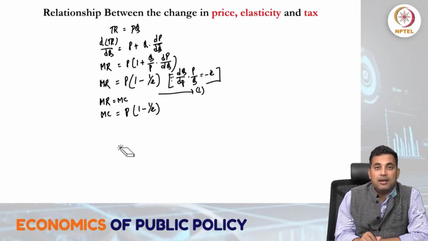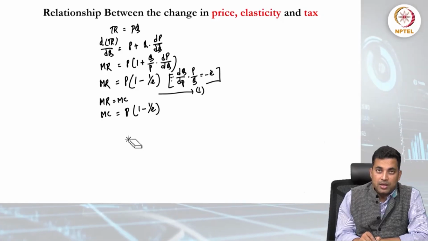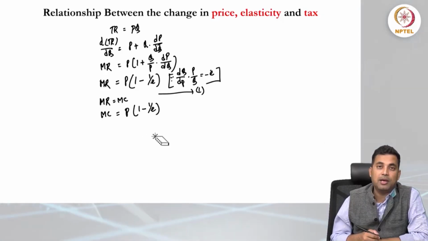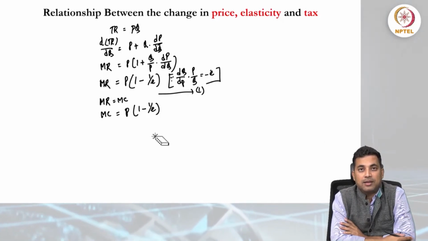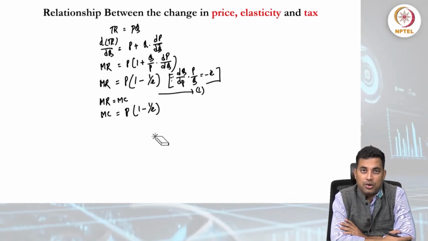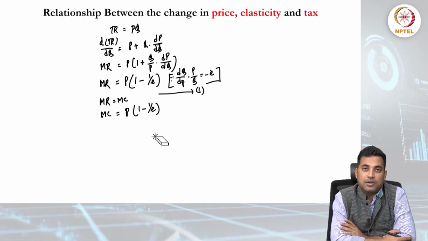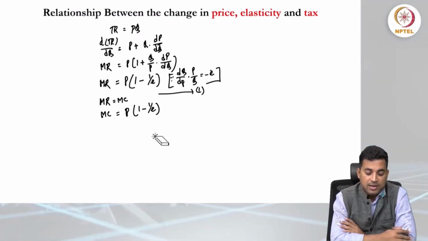And when we say that a tax will be imposed on the firm, the tax will be reflected through the marginal cost, because the cost of production for the firm will increase.